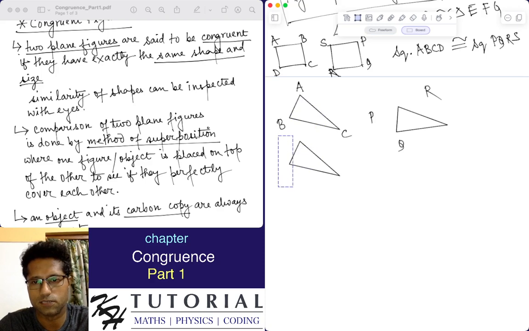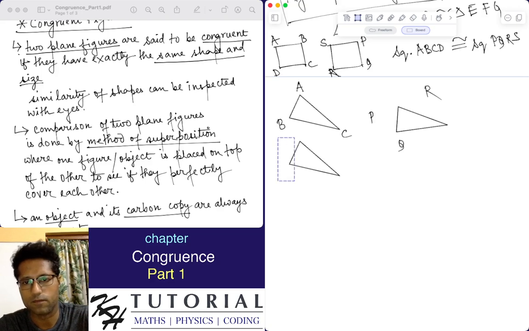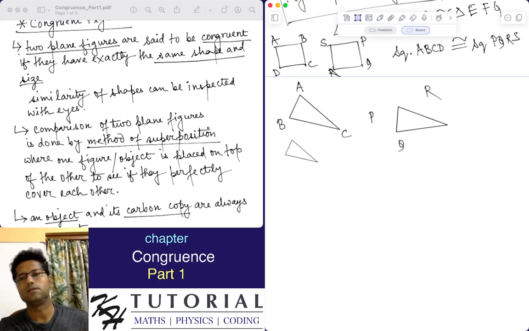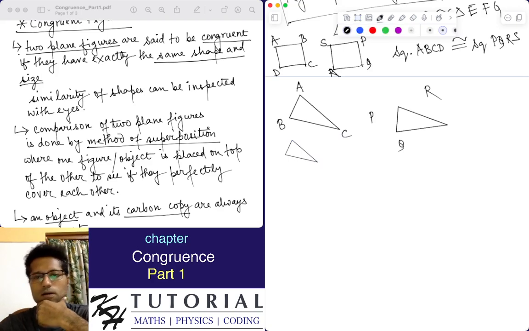If I want to change the size, you can see that this triangle, the lower one, the smaller one, its size is not same as this triangle EFG, even though its shape looks perfectly the same as the triangle ABC, but its size is smaller than the triangle ABC.